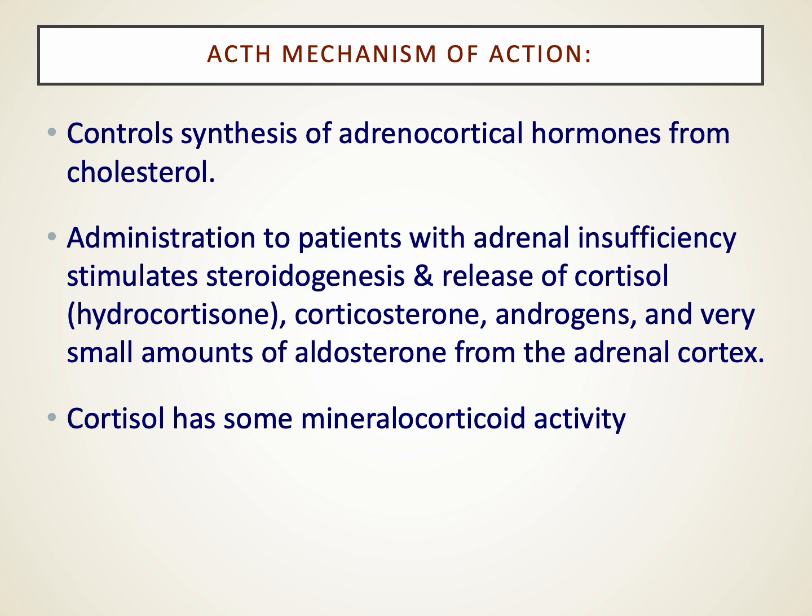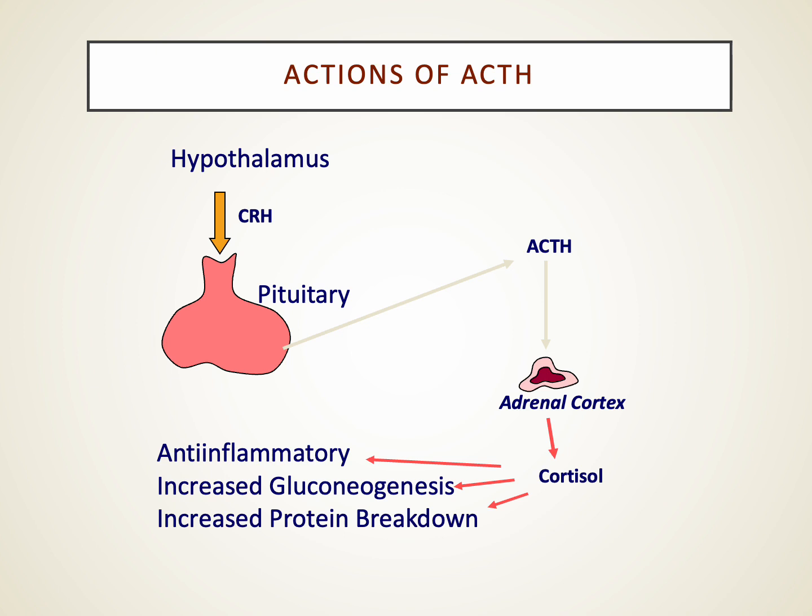We'll talk about those two principles of mineralo and glucocorticoid in just a minute. If we look at how the mechanism works, the hypothalamus releases corticotropin-releasing hormone to the pituitary, which then secretes adrenocorticotropic hormone to the adrenal cortex, releasing cortisol.